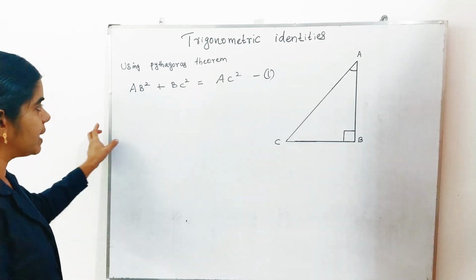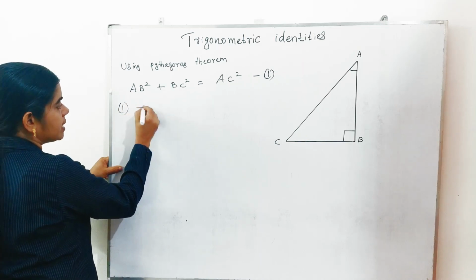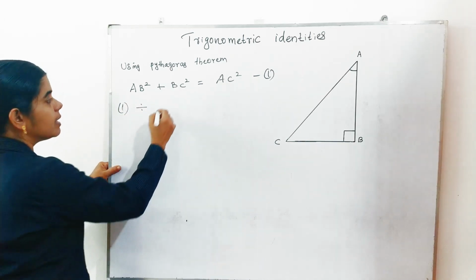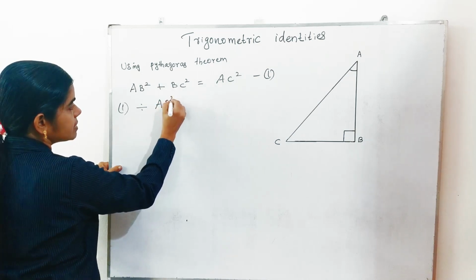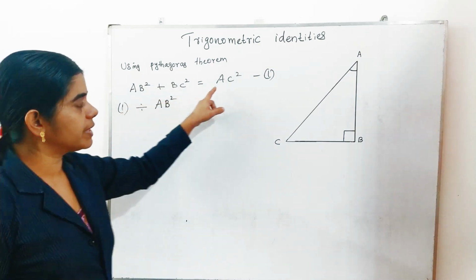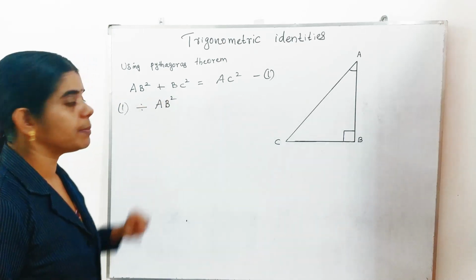Next, we divide equation 1 by AB square. First we divided this equation throughout by AC square. Next, you want to divide by AB square.